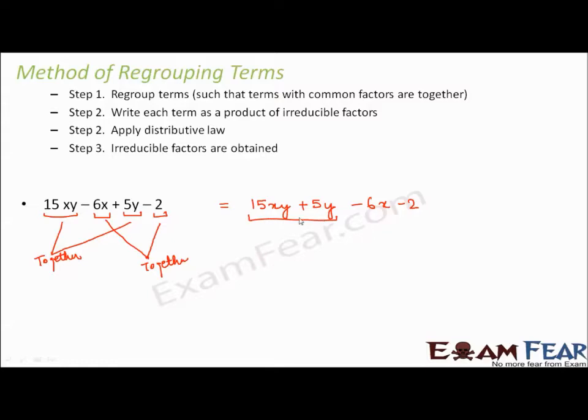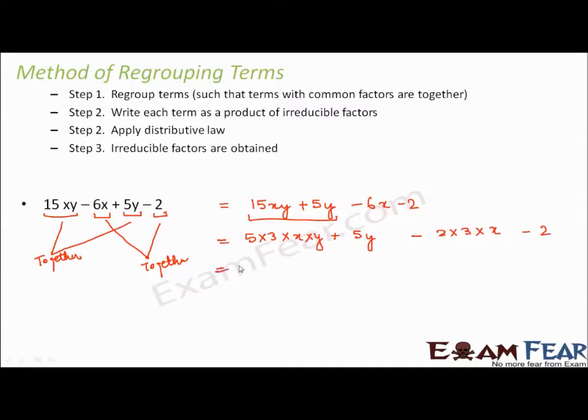Write both of these terms in their factor form. 15xy can be written as 5 into 3 into x into y, plus 5y. Similarly, 6x can be written as 2 into 3 into x and 2 can be written as 2.